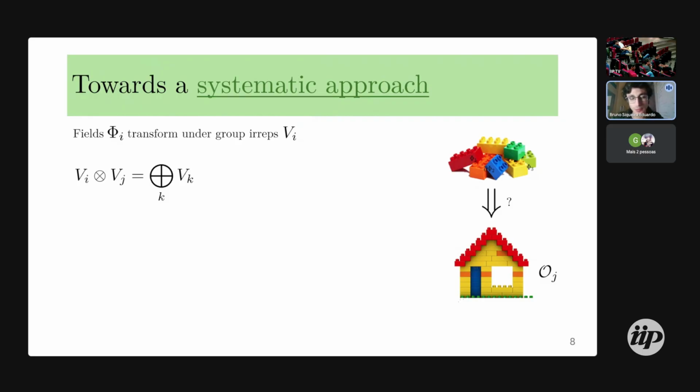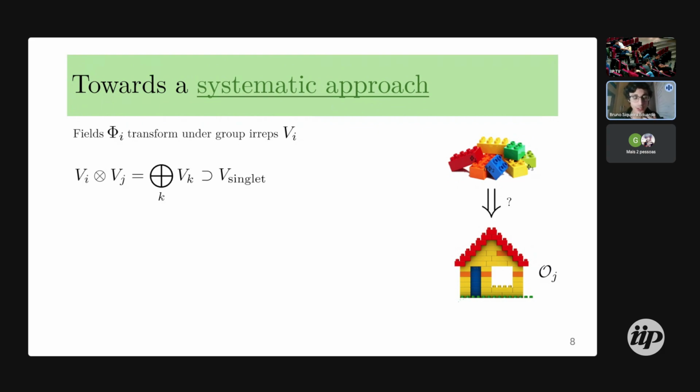You have the Lorentz group and gauge groups. And the fields, they transform under irreducible representations of them. And in general, you can always take tensor products of your representations and then decompose them.